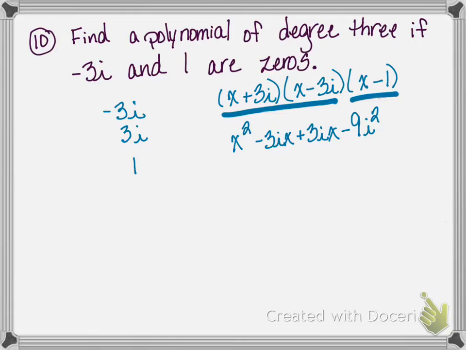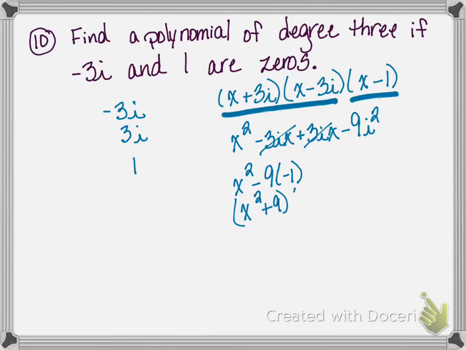Okay? Now, we haven't forgotten about this x minus 1. I got to come back to that. But let me clean this up first. So now I've got x squared minus 9, and i squared is negative 1. So that gives me x squared plus 9. What happened was I got so focused on that i squared that I forgot about the 3 times the negative 3.